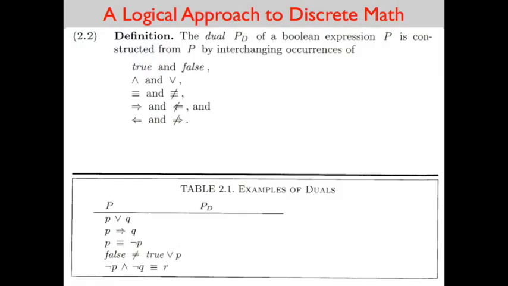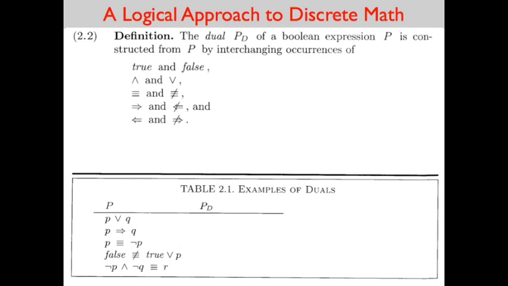This one's in the book, so I'm not going to write it on the board. It's 2.2 in chapter 2. Sorry, we just got to plow through all these definitions. It's like learning any language. You just got to get the vocab down before you can start doing the interesting stuff.